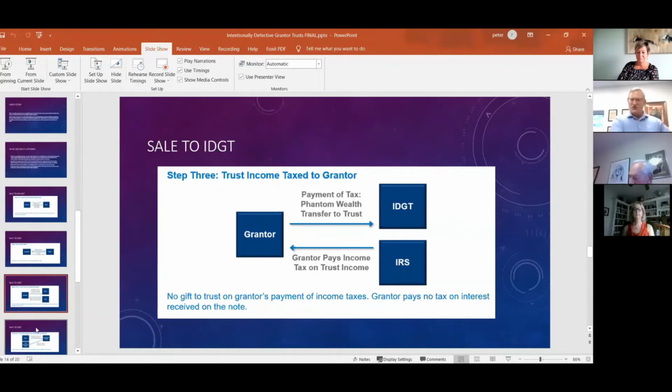Either I can use another asset in my estate, pay the tax, keep 100% of the appreciation and the growth in the trust to pass on to the next generation, or I can take some of that income back and use some of that cash flow to pay the tax and keep the majority of the appreciation out of the taxable estate.